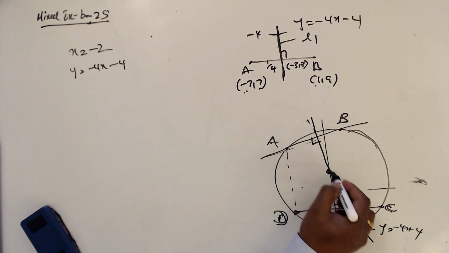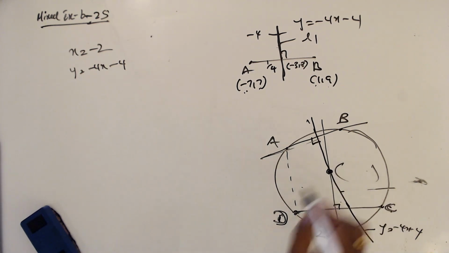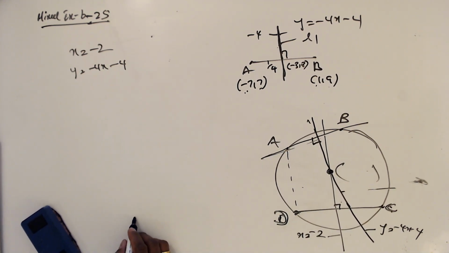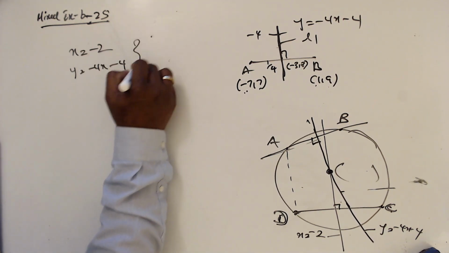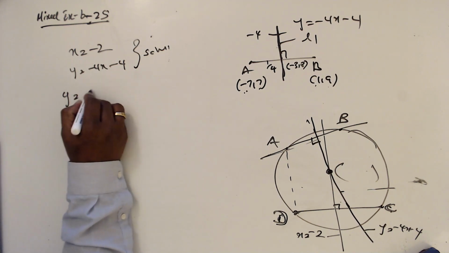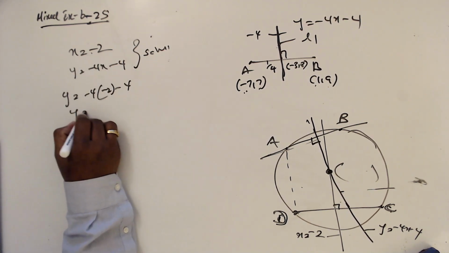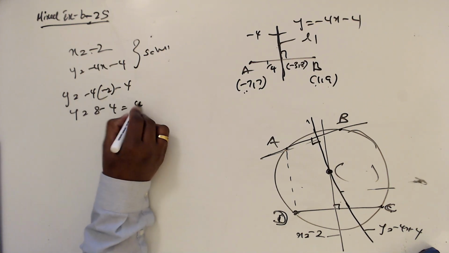Now we have to solve those two equations to find the center. y equals minus 4 times the x value, minus 2, minus 4. So y is 8 minus 4, which is 4.